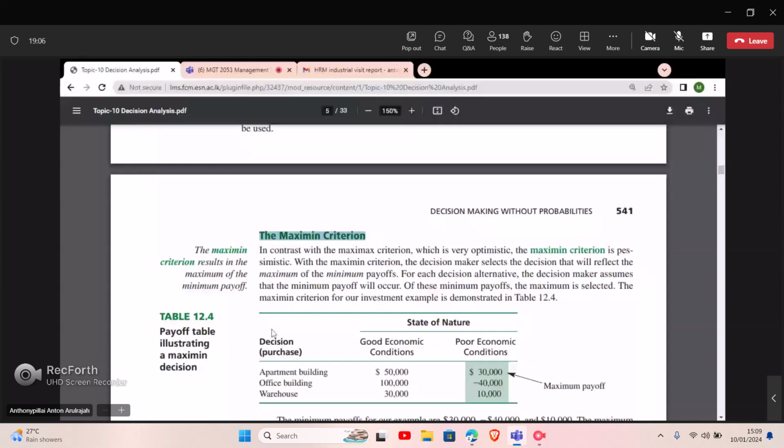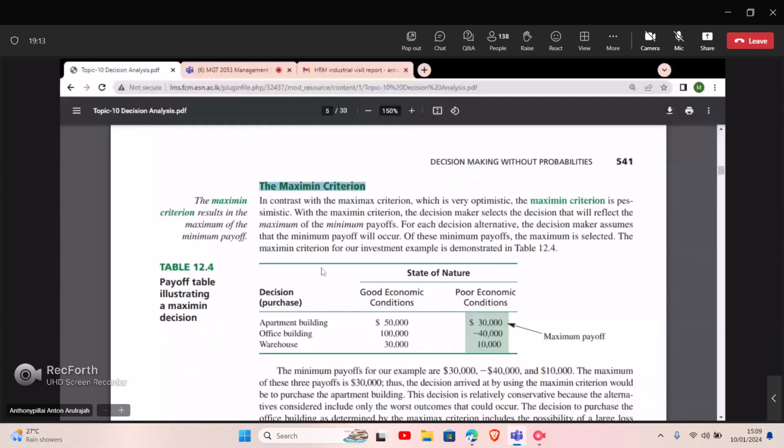Now you see the same example. What is the minimum part regarding the apartment building, the minimum gain or loss?